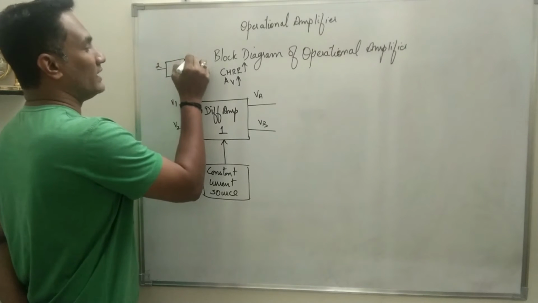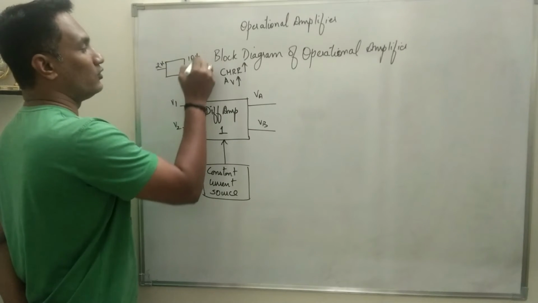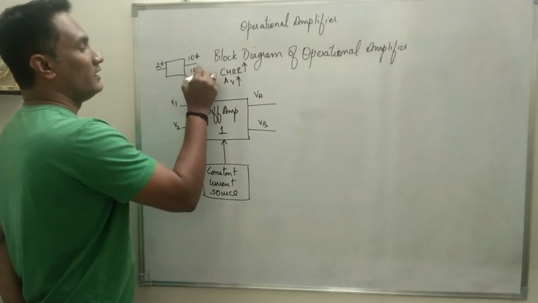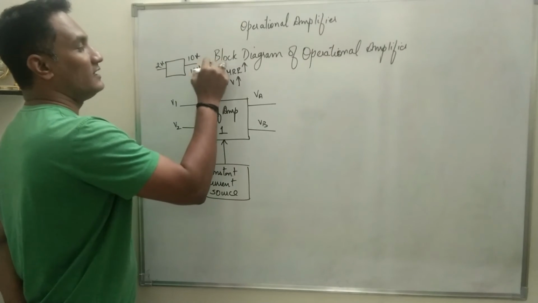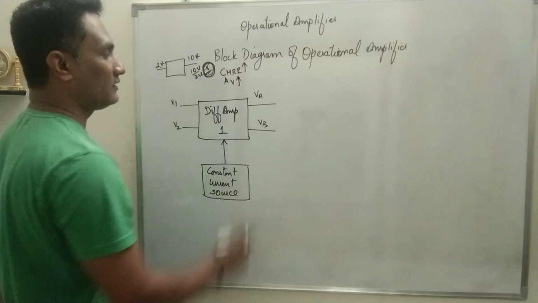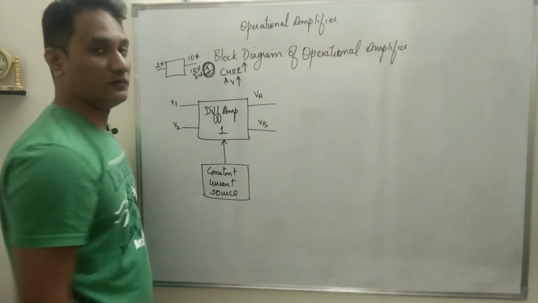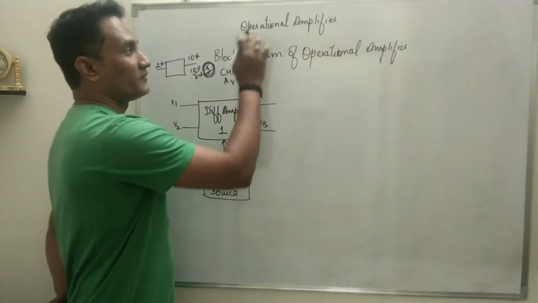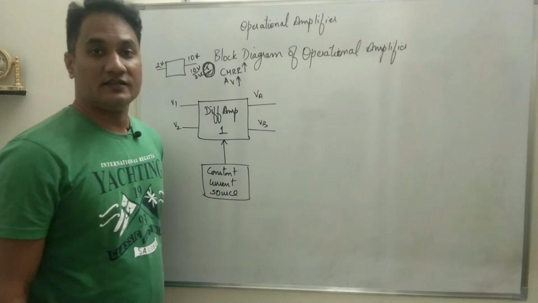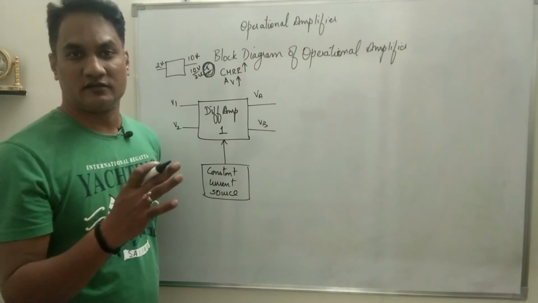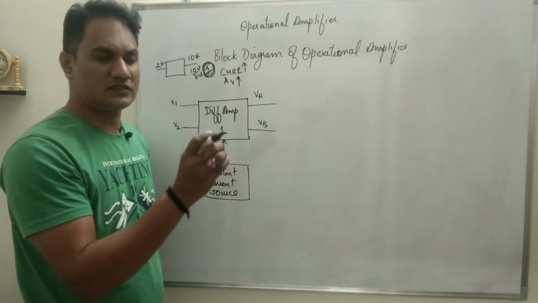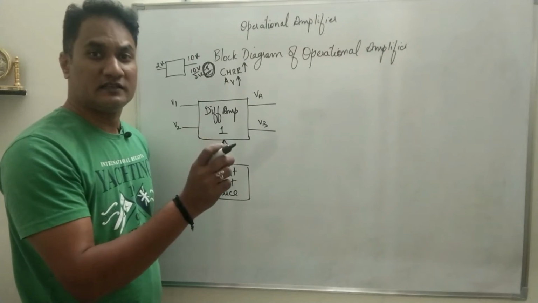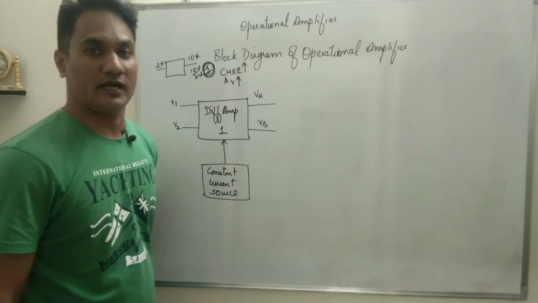So if the input voltage is 2 and the output voltage is 10, it will be output upon input, which is 5. That is the gain factor. So the gain factor of a differential amplifier is very high. But for designing an operational amplifier, the gain should be very large. We need an amplifier which amplifies small signals into a very significant value at the output.